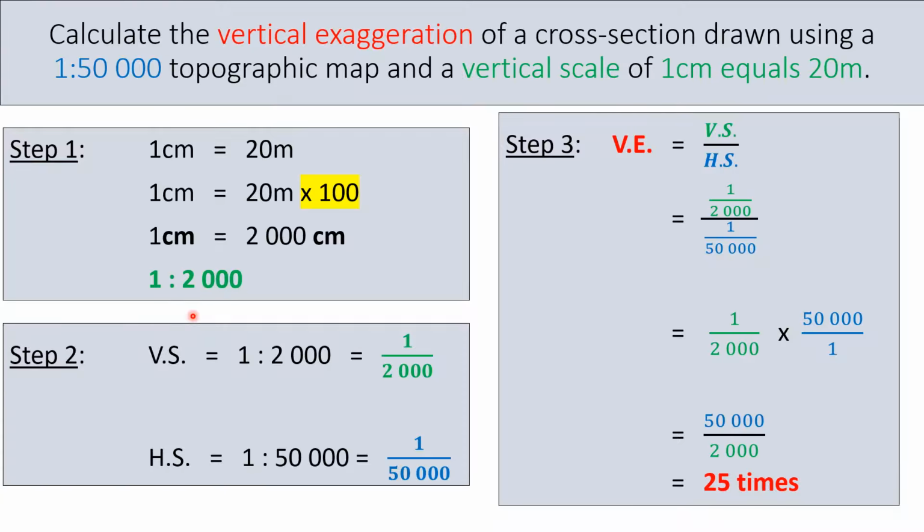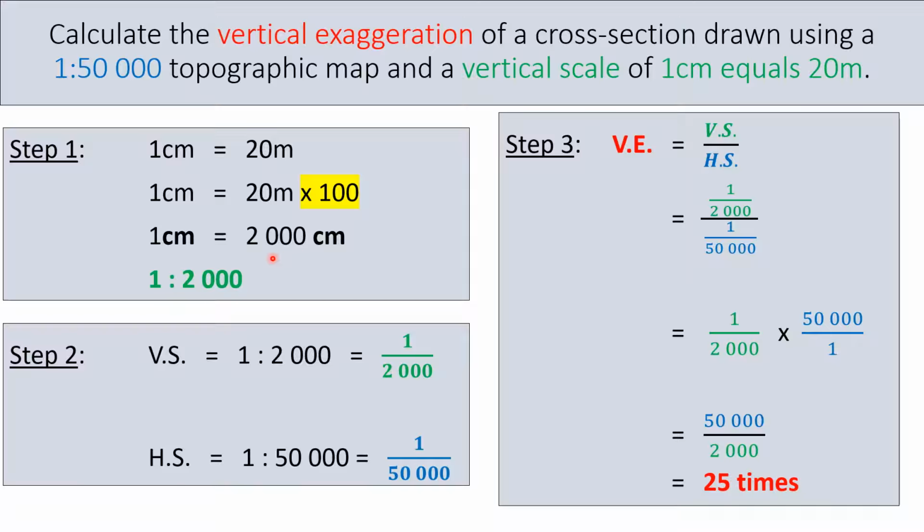In order to go from meters to centimeters, you are simply going to take, in this instance, the 20 meters and multiply it by 100, and that just requires you to add 2 extra zeros so that 1 centimeter is the same as 2000 centimeters.